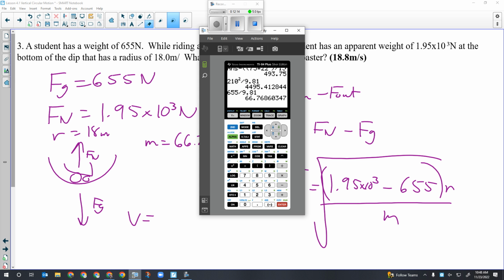So we're looking at 1.95 times 10 to the 3 minus 655, times the radius, which was 18 meters, divided by that number right there, the mass, and then square rooted. So we're looking at 18.8. I don't know why I got 18.8 up there. I got 18.7. I must have rounded it off somewhere. Yeah, so 18.7 meters per second.